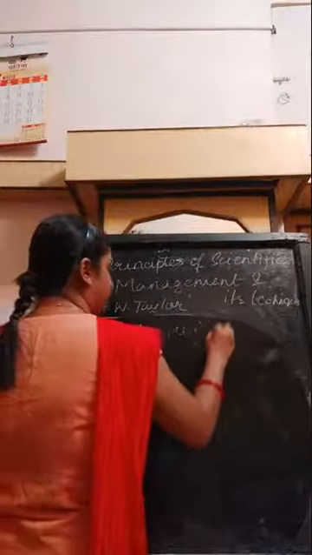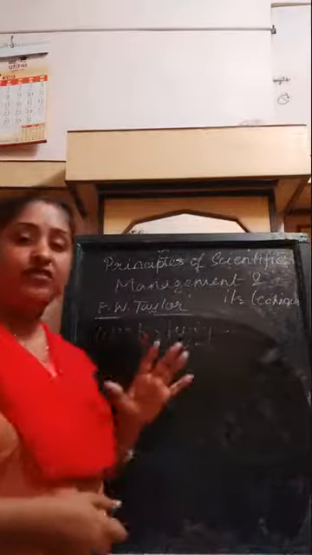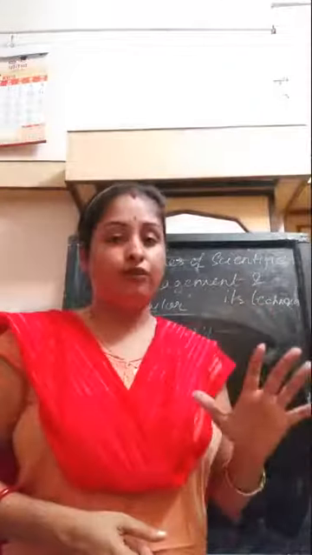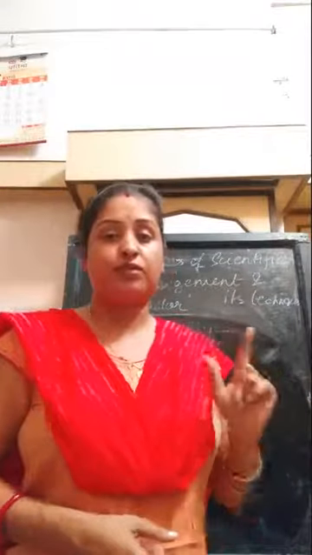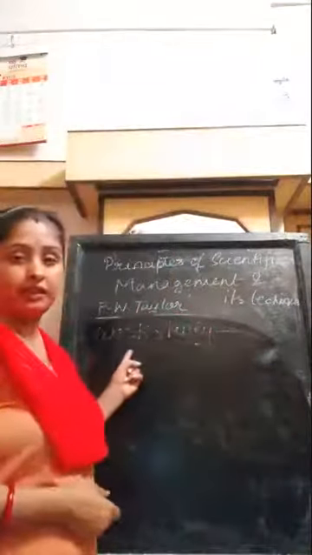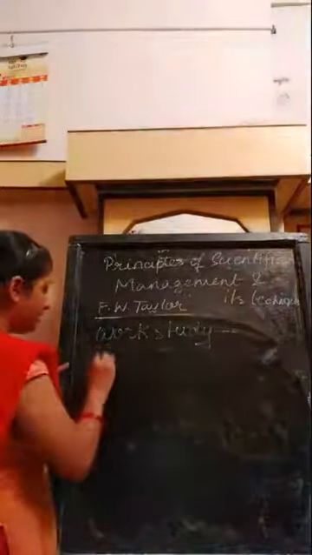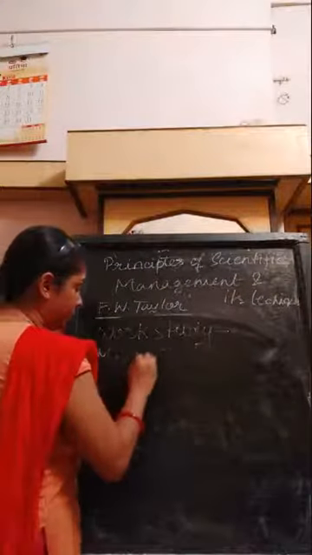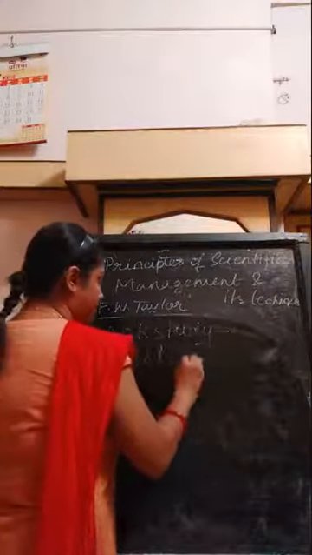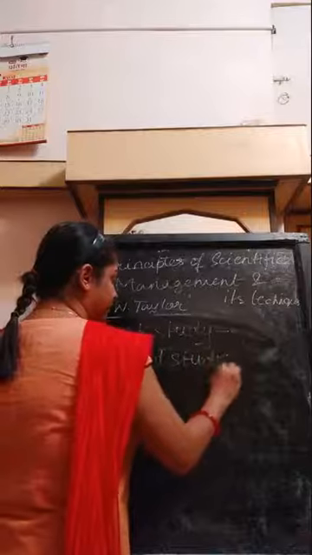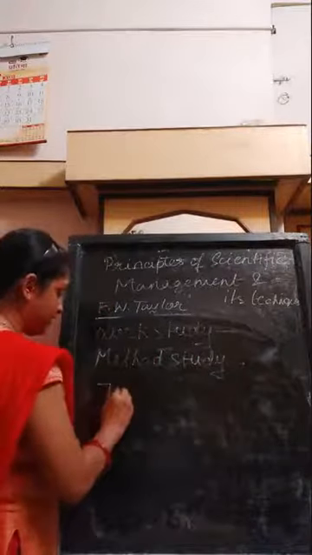Actually, there are 5 techniques. There are 5 techniques of scientific management. The first one is work study. The second one is method study. Then time study.